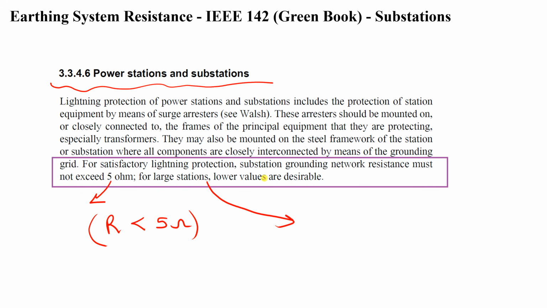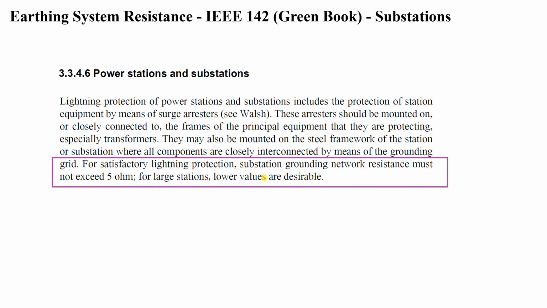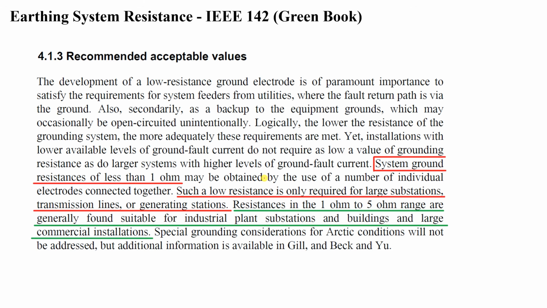Now I'm gonna show you another one which gives you more values. If you look at the IEEE, same book, 142 Green Book, it tells you in this part the recommended acceptable values, 4.1.3, system grounding resistance of less than 1 ohm.